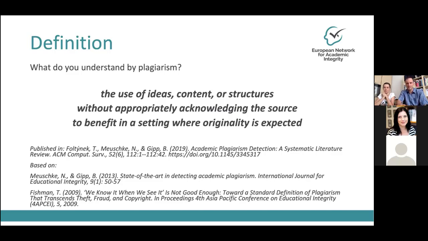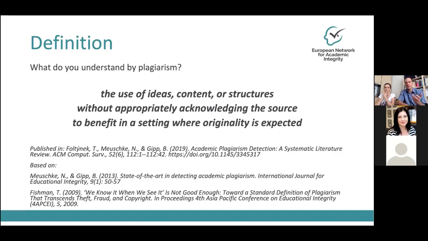The crucial aspect of plagiarism is missing the acknowledgement of the original source. If you copy something, of course, complying with authorship rules and authorship laws, and if you acknowledge the source, it is not plagiarism.